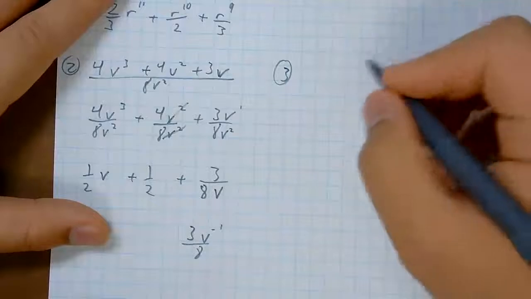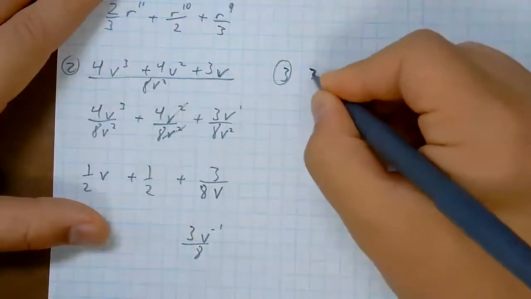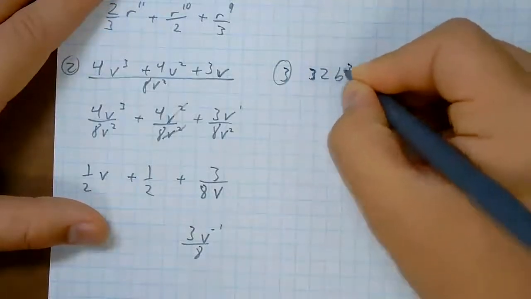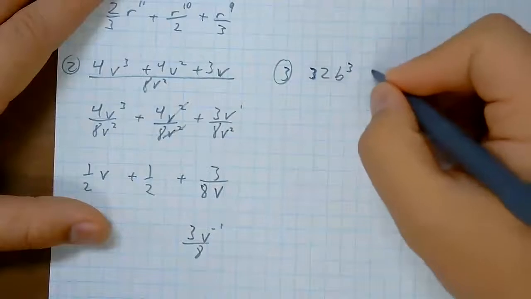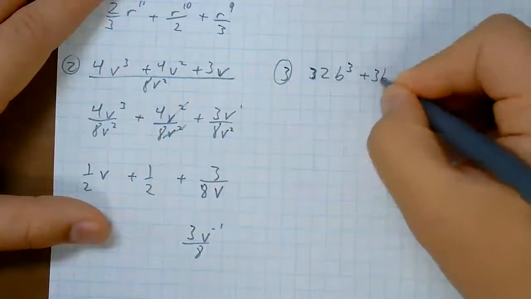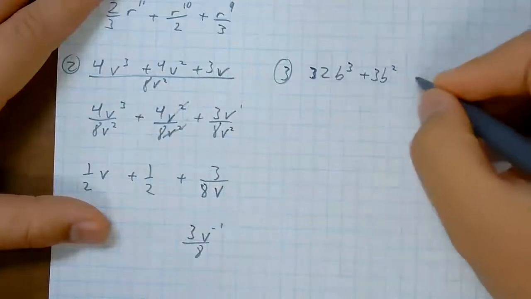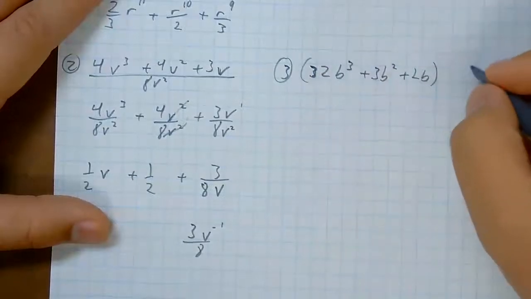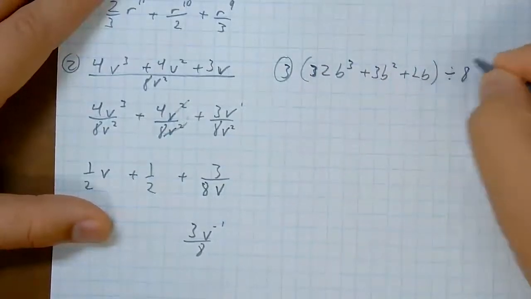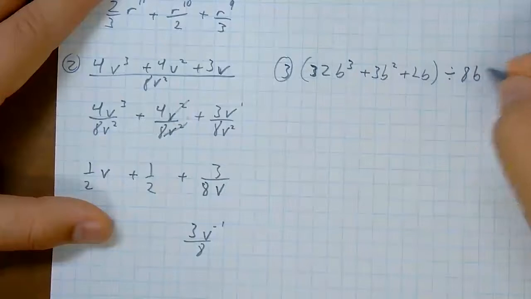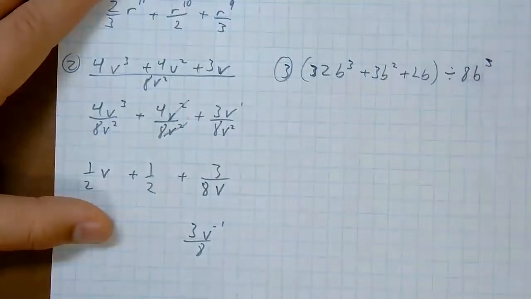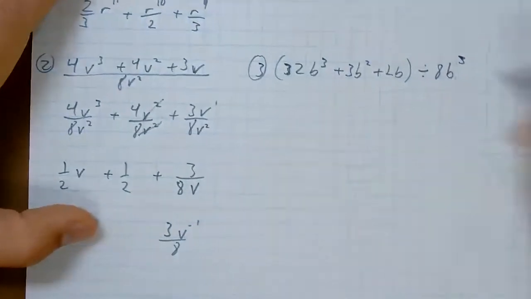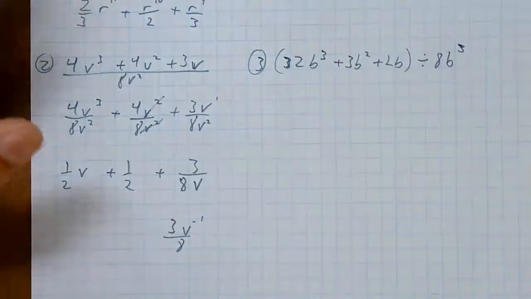Here we have 32b cubed plus 3b squared plus 2b, divided by 8b cubed. The process of this does not change.